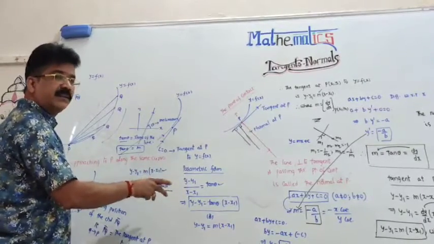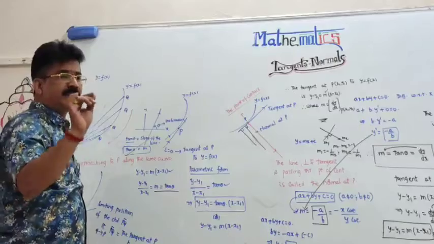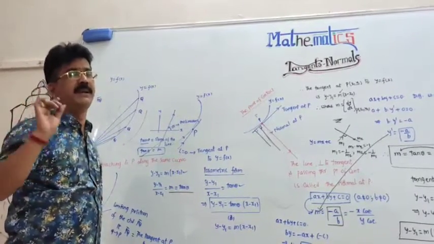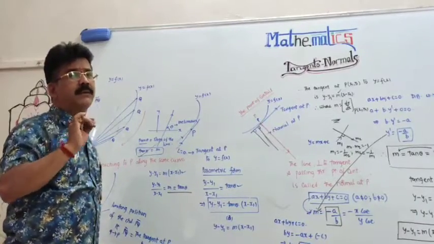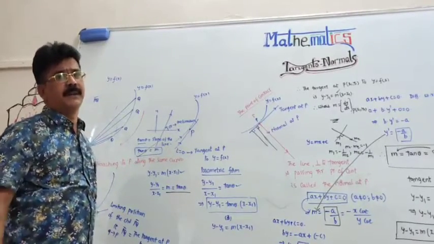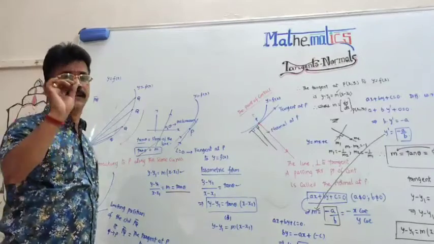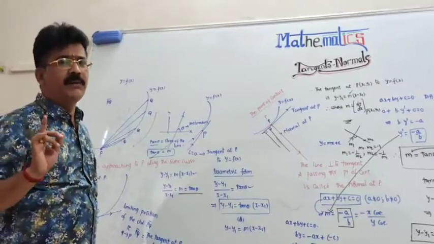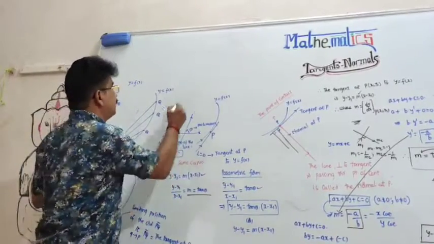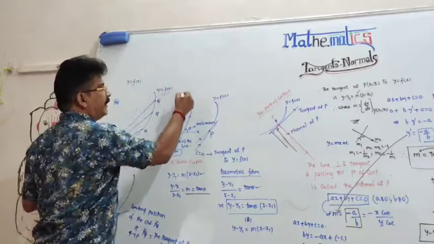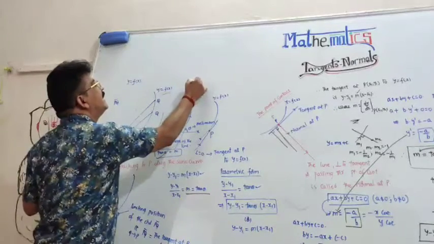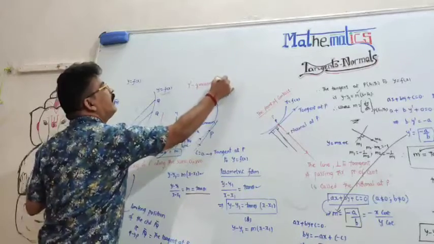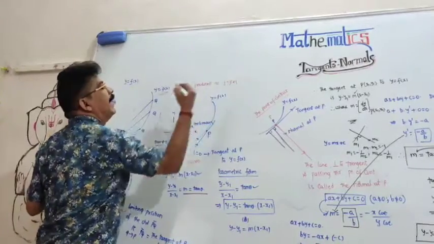Once again, the tangent at capital P to the curve y equal to f of x will be y minus y1 equal to m into x minus x1, where m equals dy by dx at the given point P of x1, y1. Actually, y dash is called the gradient of the curve y equal to f of x.